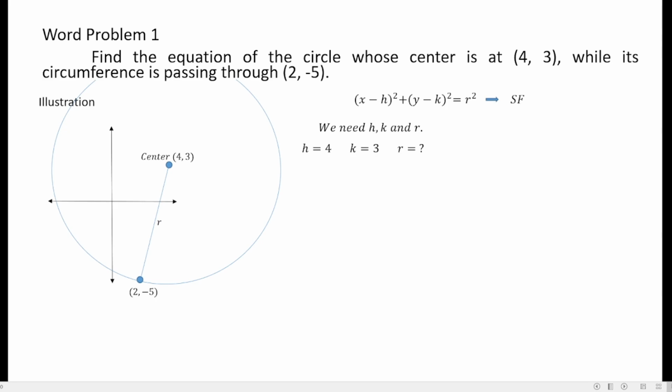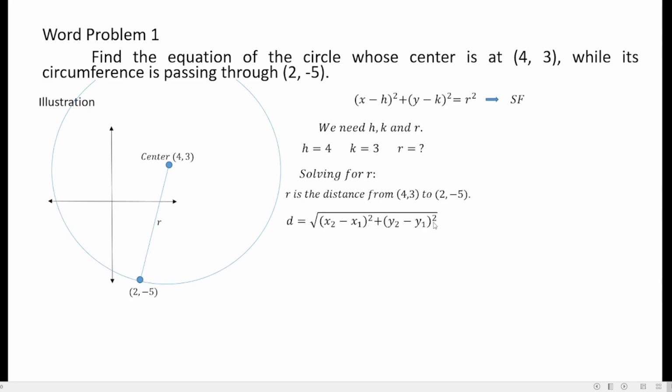In order to get the value of r, we must recall the distance formula. Why? Because we realized a while ago that the radius is just the distance from the center (4, 3) to the point on the circumference (2, -5). So we will now get the distance between the two points using the formula that we recalled a while ago. So, square root of this one.